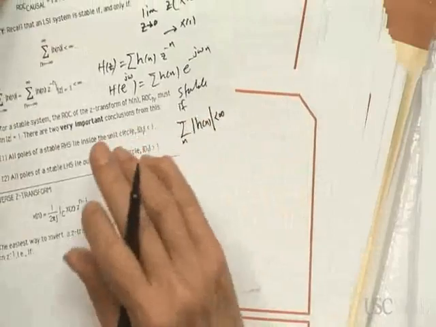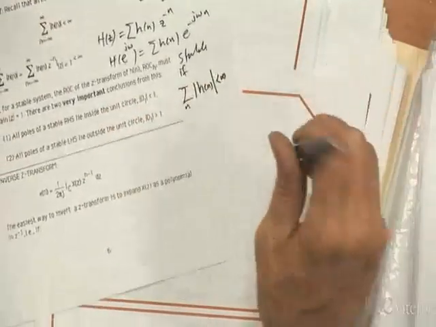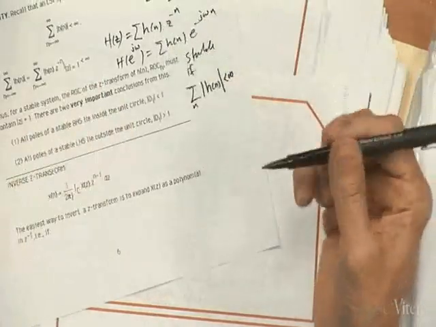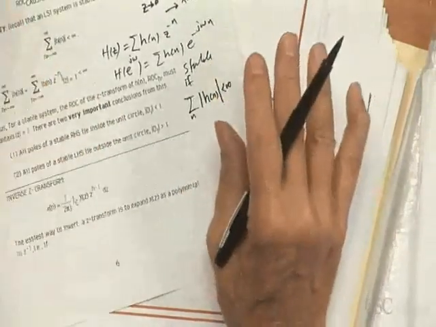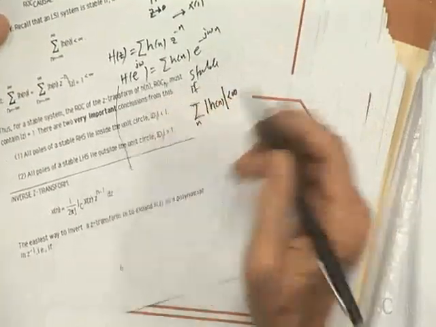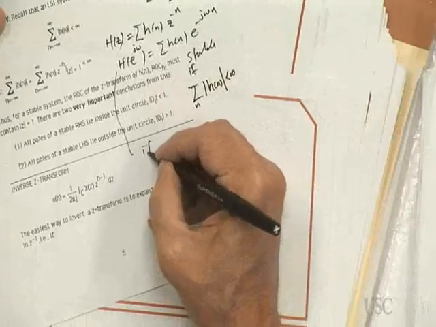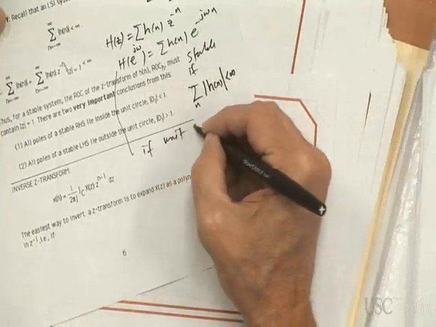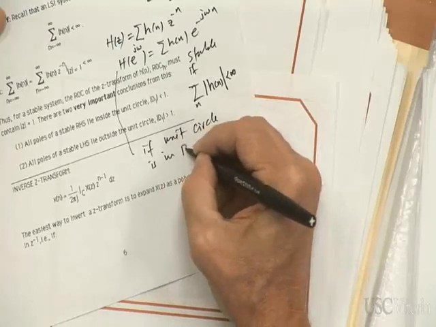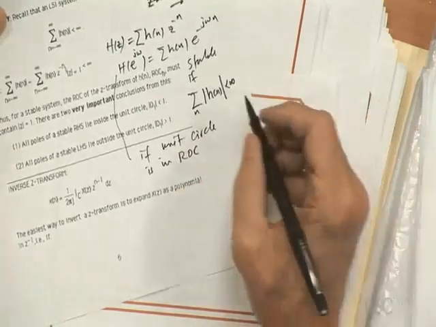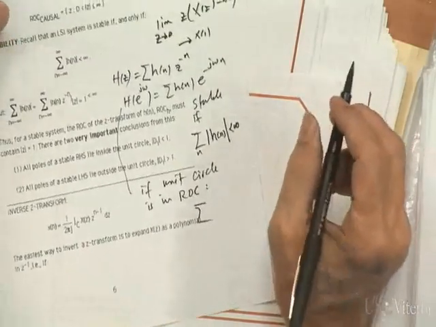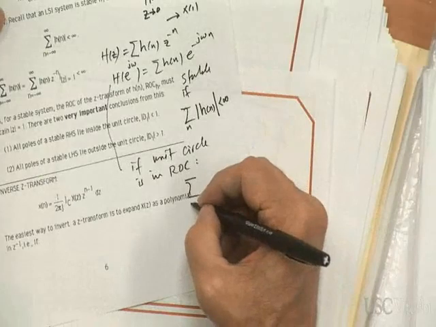Okay, now, if you think about this for a second, let me ask you this. What would be implied if I told you the unit circle lies in the region of convergence? See, if I told you the unit circle lies in the region of convergence, what would that mean? That would mean that if the unit circle is in the ROC, the z transform converges absolutely.